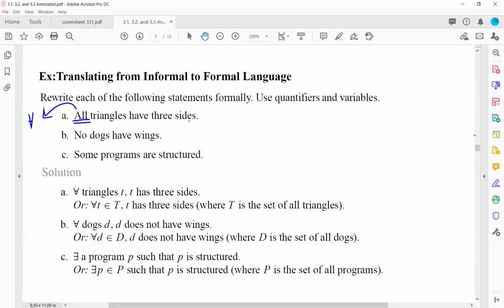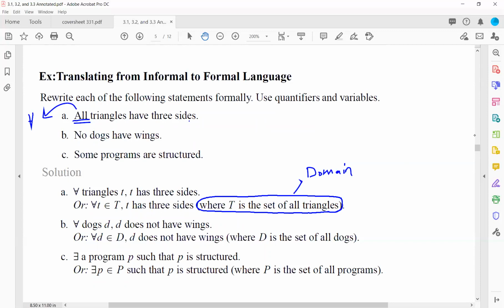Or, for any variable T, which in this case is a triangle, belonging to the collection of all triangles, here you're defining a domain, T has 3 sides. Two different ways to define A.